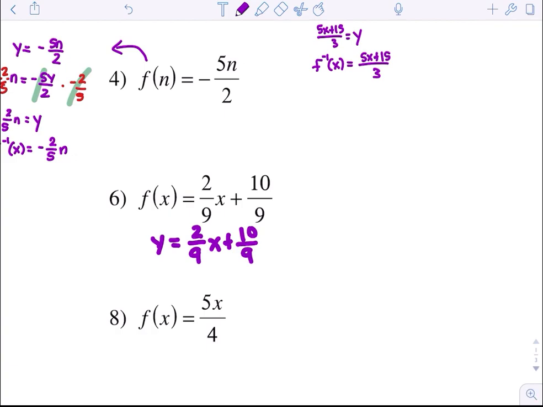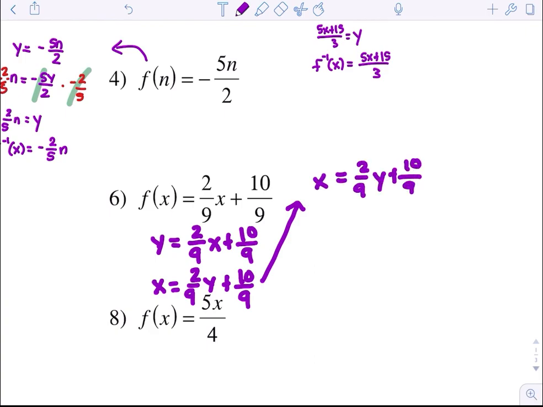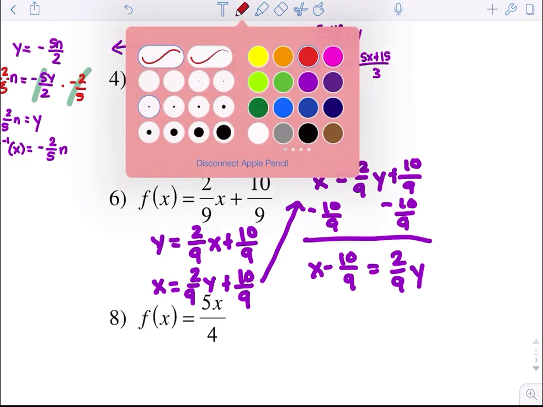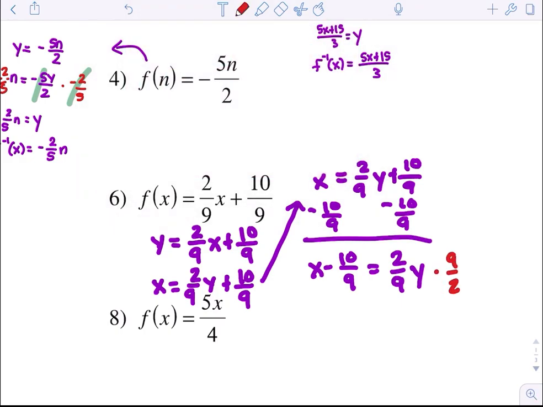We're going to switch your variables, so x is equal to 2 over 9y plus 10 over 9. So now we solve for y, so we are going to be subtracting 10 over 9 from each side. So x minus 10 over 9 is equal to 2 over 9y. And now we are going to multiply both sides by the reciprocal.